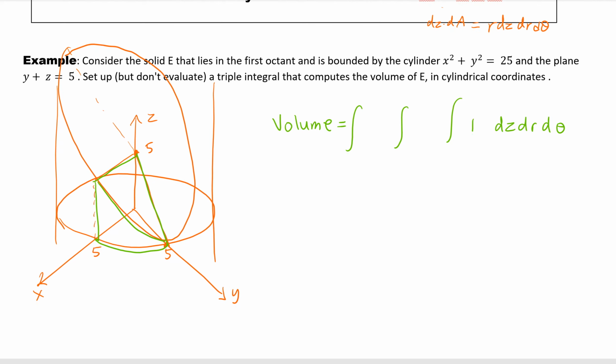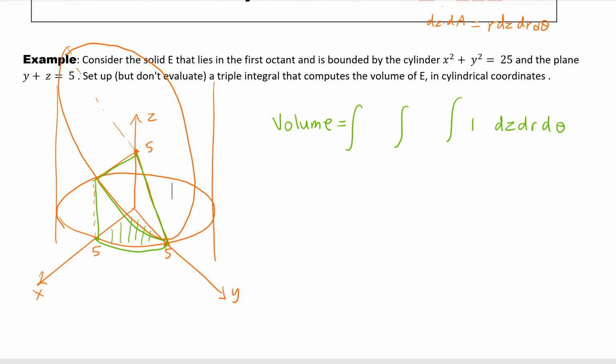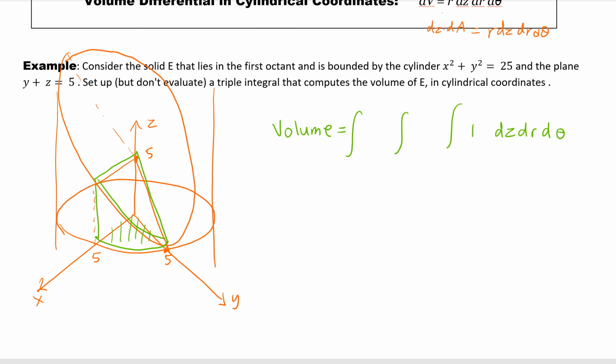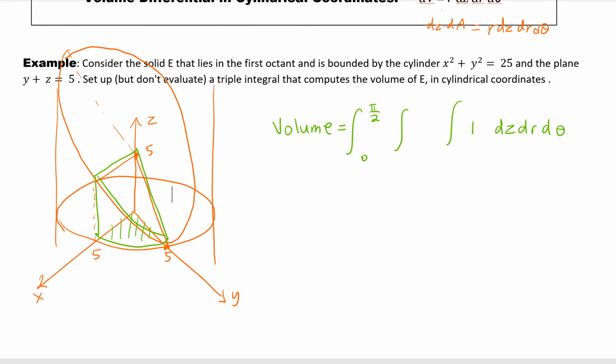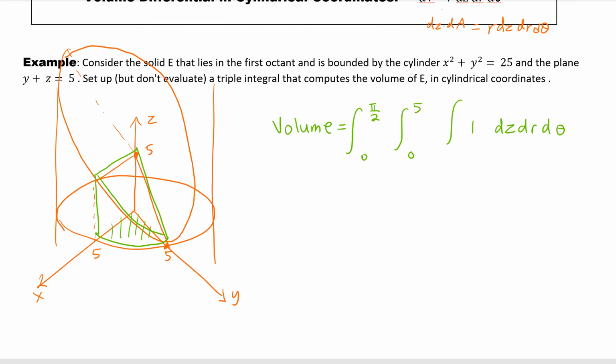Theta, well, when we project this solid down on the xy plane, we get this region. Okay, so in this region, theta goes from 0 to pi over 2. Right? And then how about the r? Well, r is from 0 to 5.